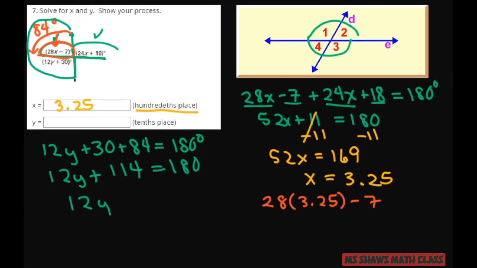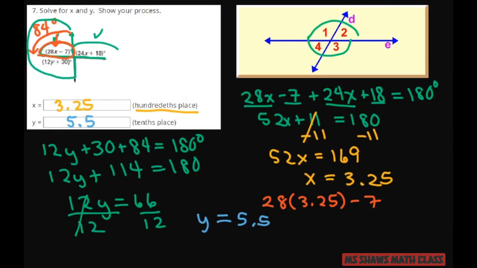So 12y equals 66. Divide both sides by 12 and you get your y. So 66 divided by 12 gives you y equals 5.5. And that would go there.